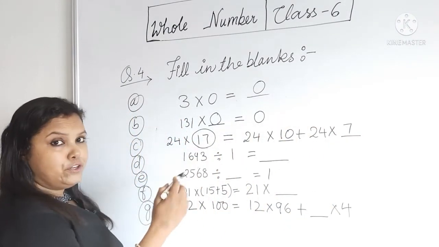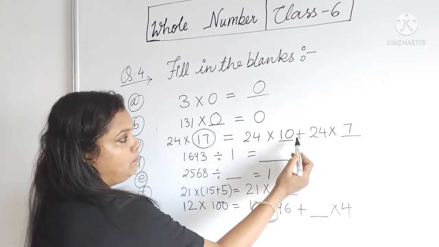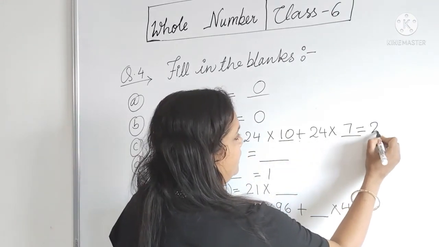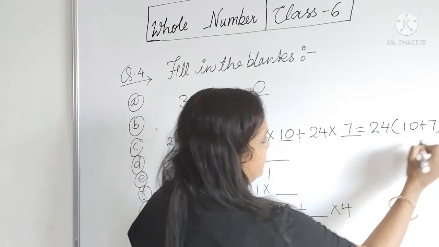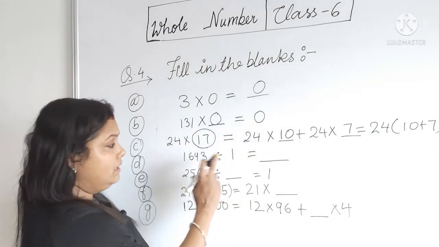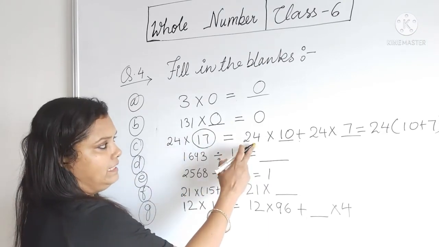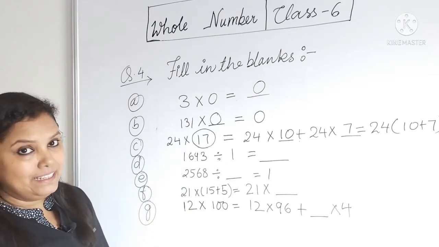Here the distributive property is used. So we can write it as 24 multiplied by 10 plus 7. This is the distributive property. So 24 multiplied by 17 can be written as 24 multiplied by 10 plus 24 multiplied by 7.